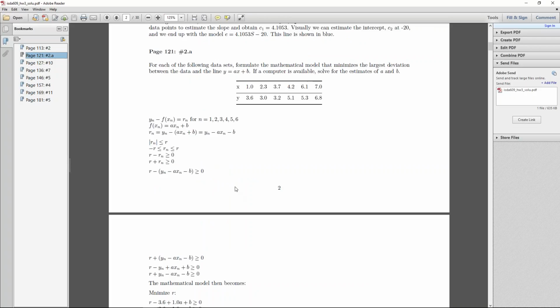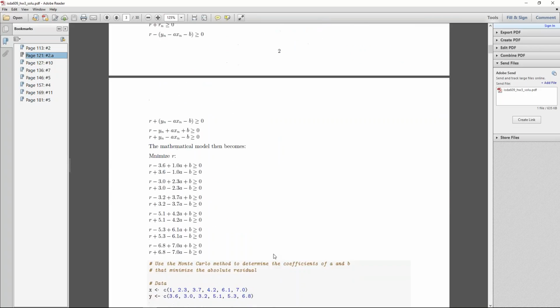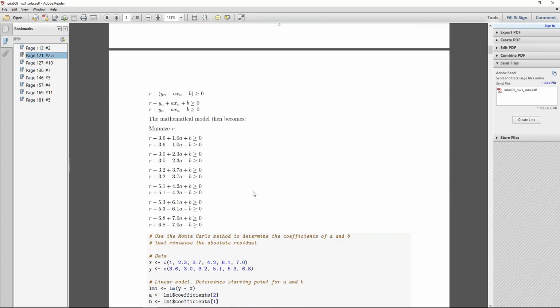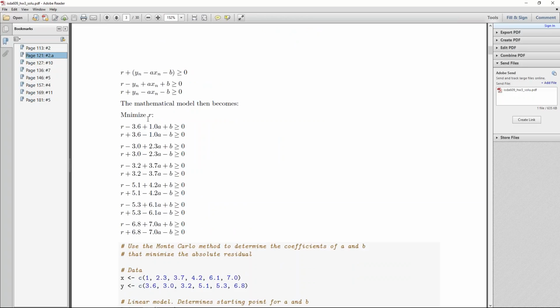And if you use a certain methodology that we discussed in class, and make a certain substitution, and then set up your problem, it's really a minimization problem: minimize r with certain constraints. That part, I don't think any of you actually got correctly.